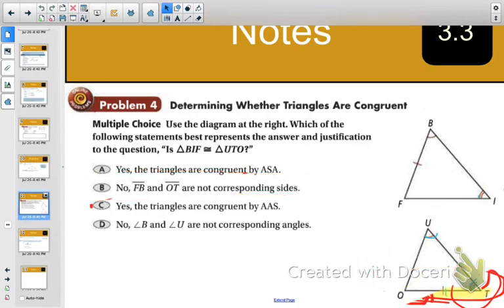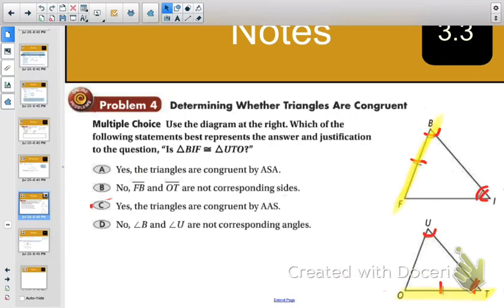Obviously the answer is B because I just pressed play for you. But if you look, we do have angle, angle, side on both of these. Because B goes with U, I goes with T, and then we have these two sides which are congruent. However, if you notice, look at this side and this side.